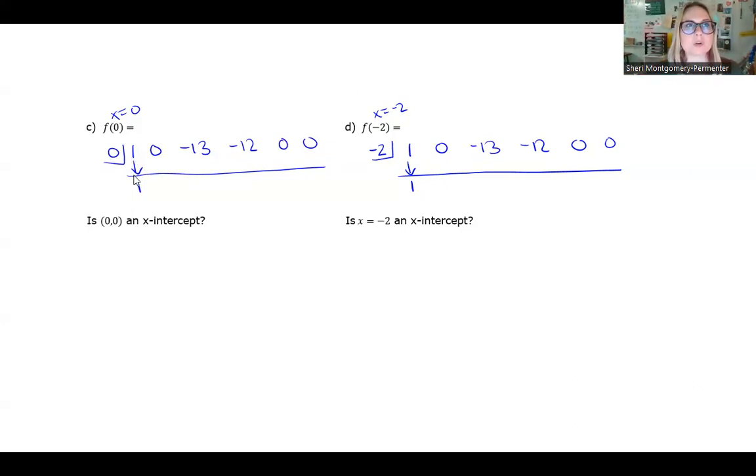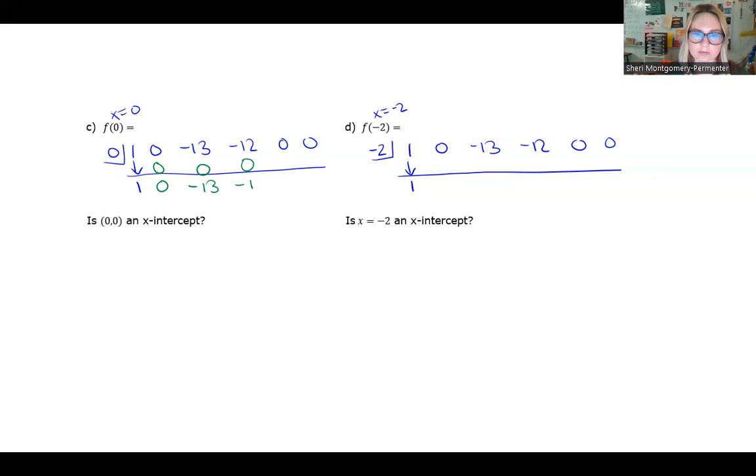So for this one, drop it like it's hot. So you start with 1. 1 times 0 is 0. 0 plus 0 is 0. 0 times 0 is 0. So 0 minus 13 is -13. But -13 times 0 is 0.